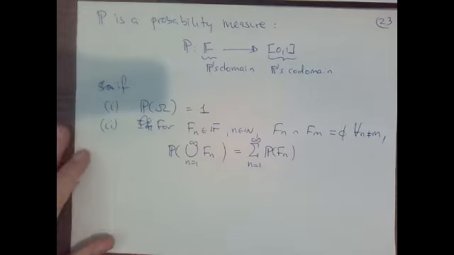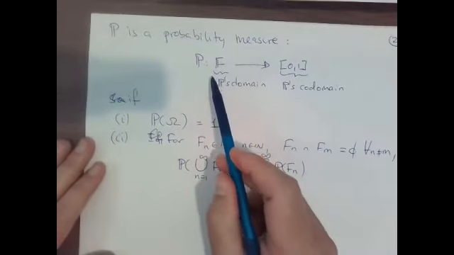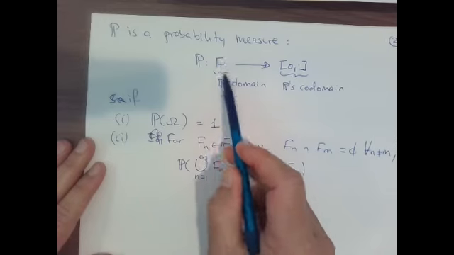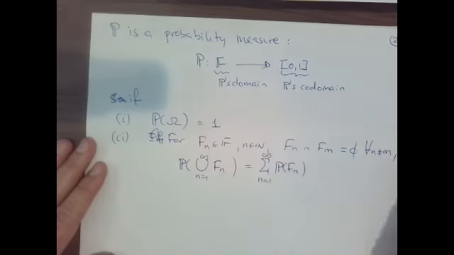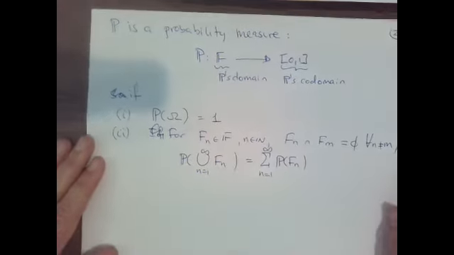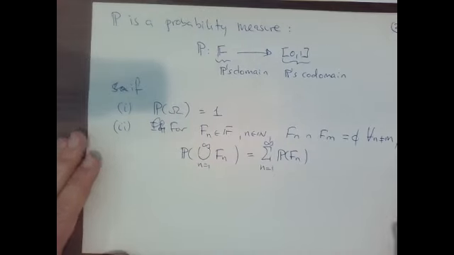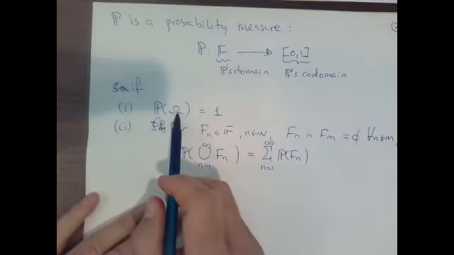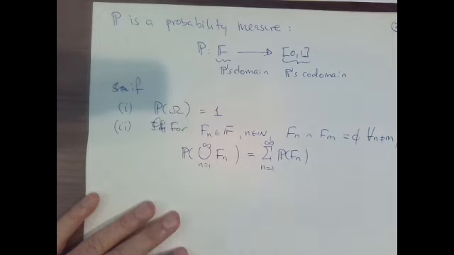So P is a probability measure. What you're allowed to measure are sets inside F. That's why F is said to contain all the measurable sets. And it has the structure that if I take the entire space, the sample space omega, plug it into P, I'm going to get 1.